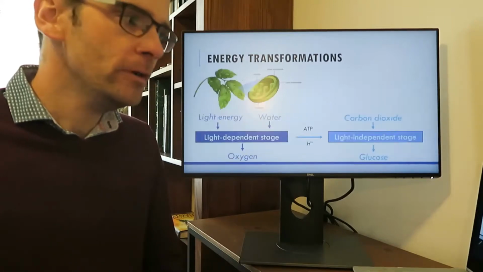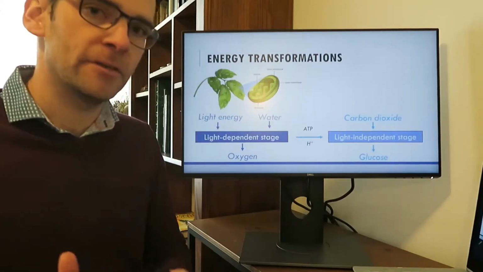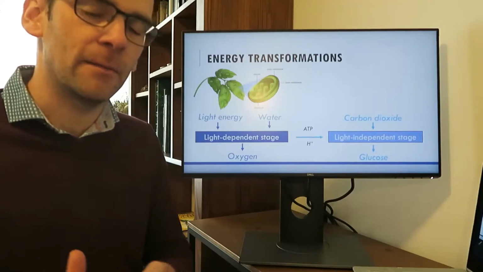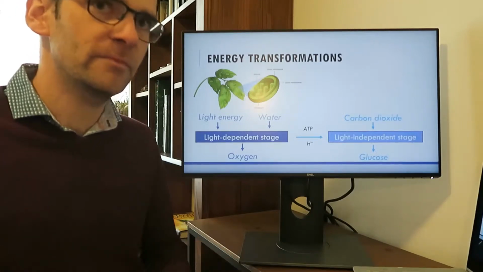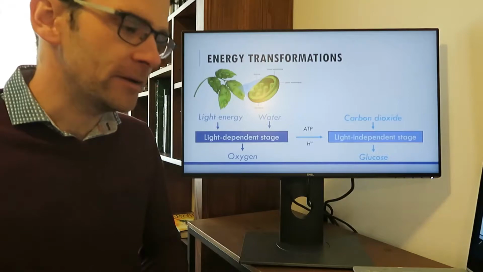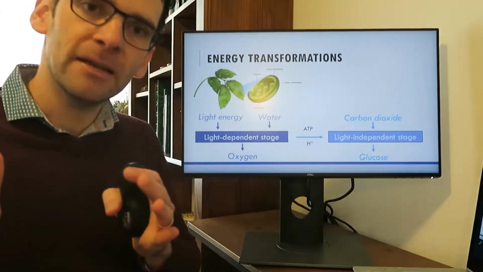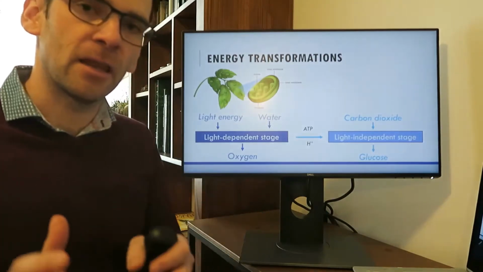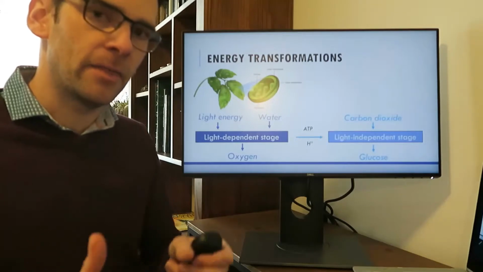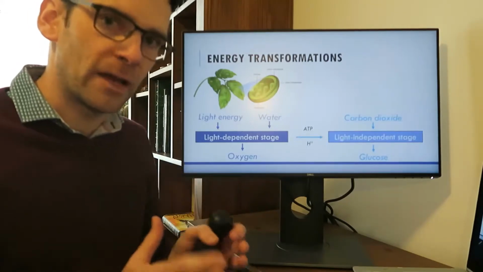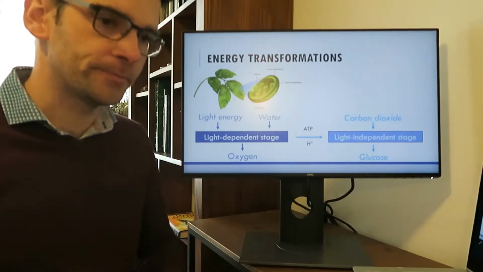Now, if we wanted to break down this process of photosynthesis even further, which sometimes as scientists we like to do, we could break it down into 2 different stages. That is the light-dependent stage and the light-independent or dark stage.